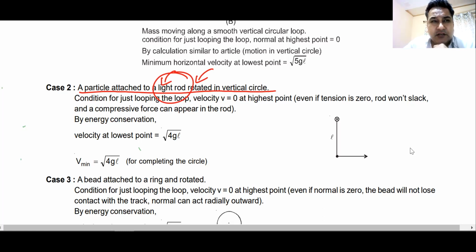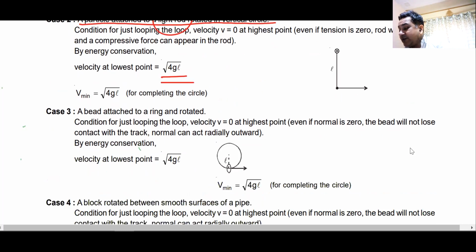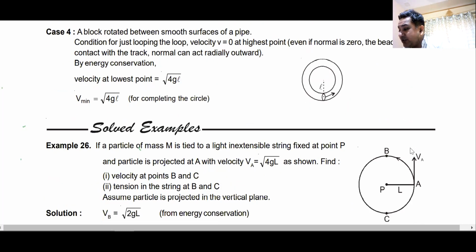So in that case, the condition for completing the circular path is that velocity at the highest point should be greater than zero, rather than tension being greater than zero. And in that case, the velocity at the lowest point is root over 4gL. I hope you know this, right?